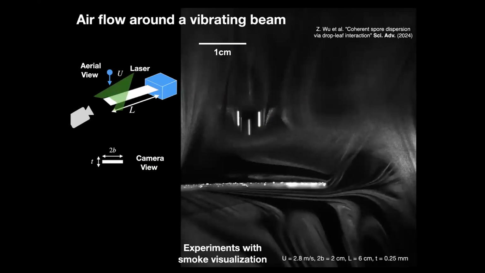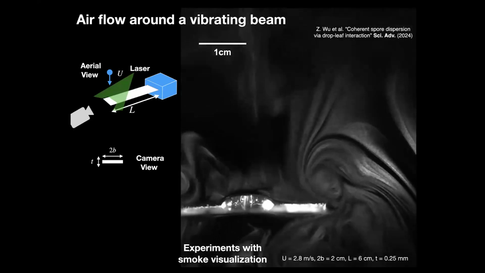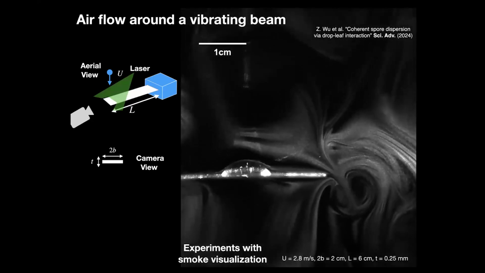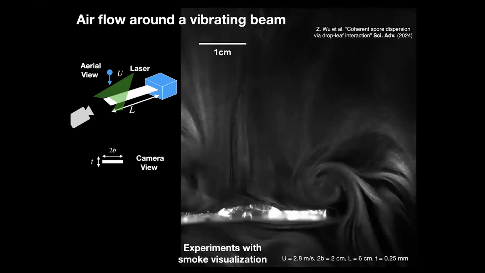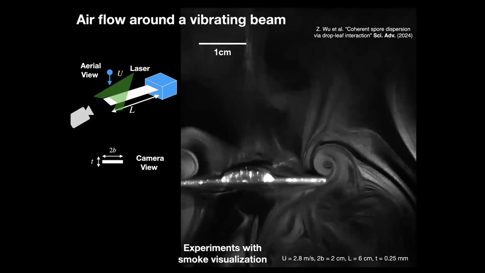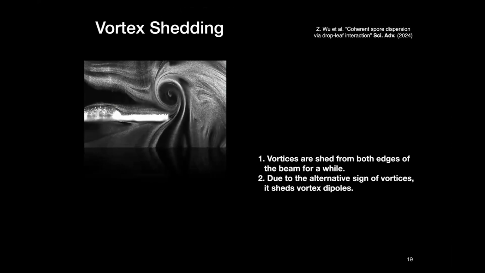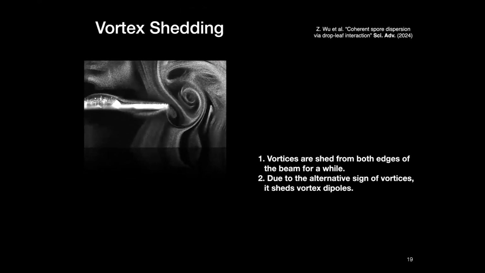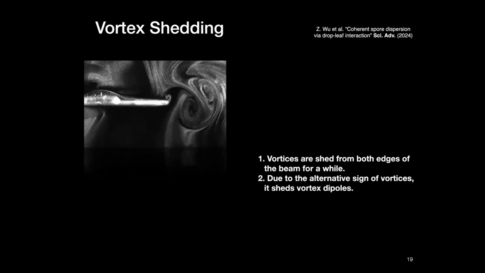So we tried to visualize what kind of flow field it generates when the leaf is fluttering. What you are seeing in this video is from the top. The leaf is elongated in this direction and is fluttering up and down. You'll see a nice vortex shed on the edge of the leaf. So you can calculate the circulation, or the vortices generated from the edge of the leaf.